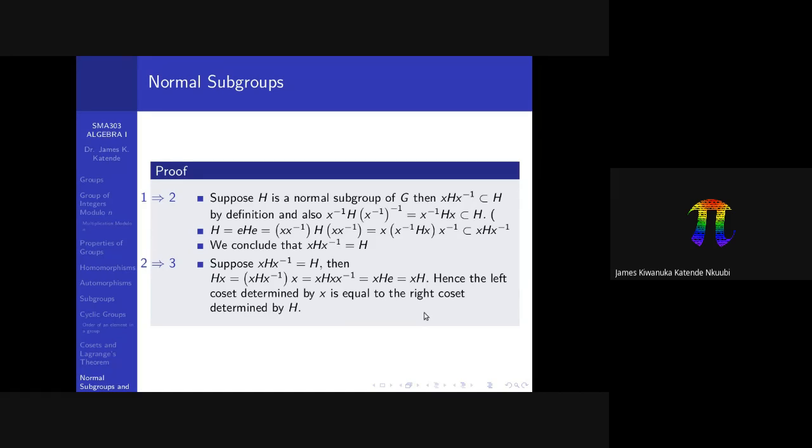This should be x, not H, because the right coset is the right coset of H determined by x. So here we should have x, not H.